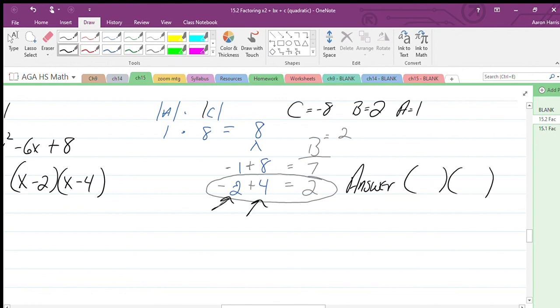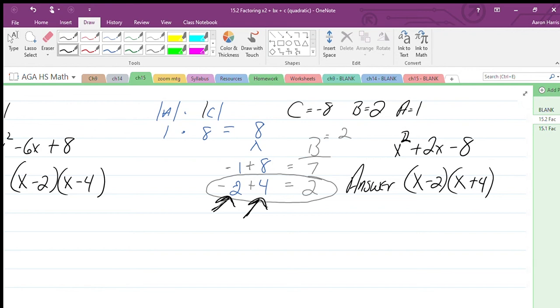What goes in the first term? X. Good job. What is my second term? Well, negative 2 and positive 4. So x squared plus 2x minus 8 when factored is x minus 2, x plus 4.